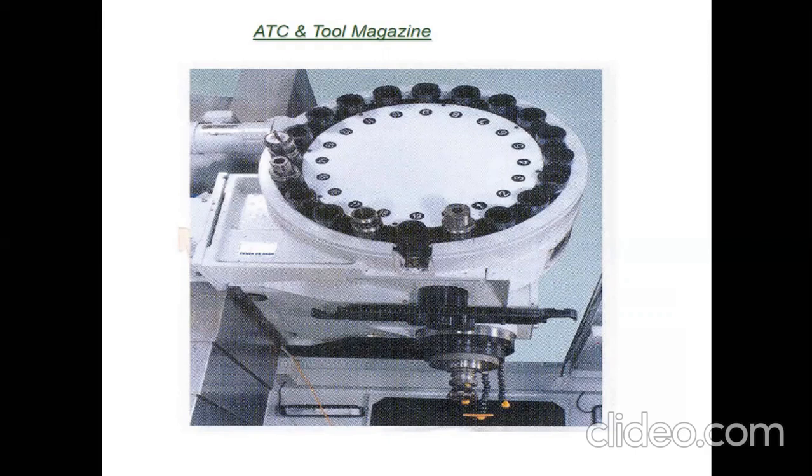According to the selection, if I want to select tool number 8, then we have to give command to the machine N01 T08. T08 is your tool number and T is your tool. Okay, this is the actual image of ATC and tool magazine.